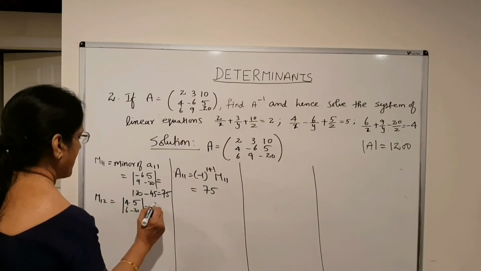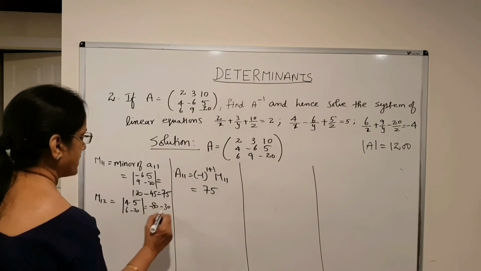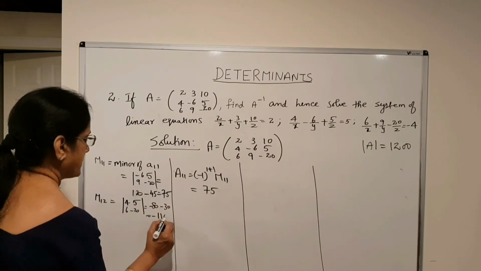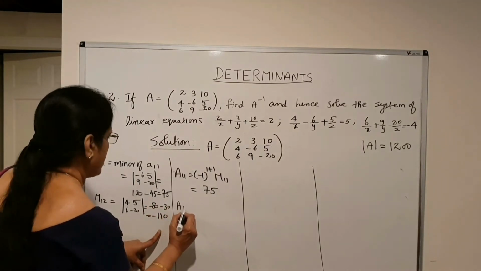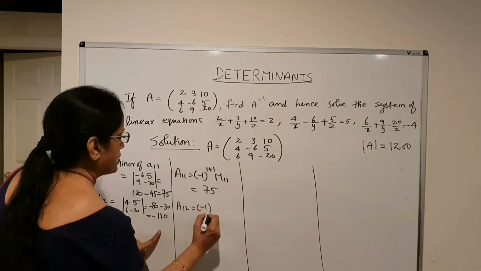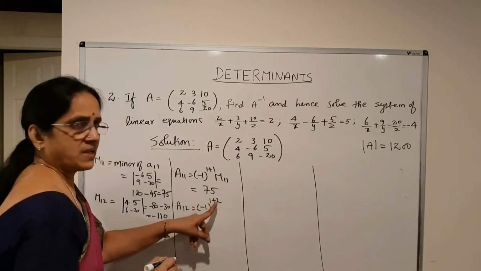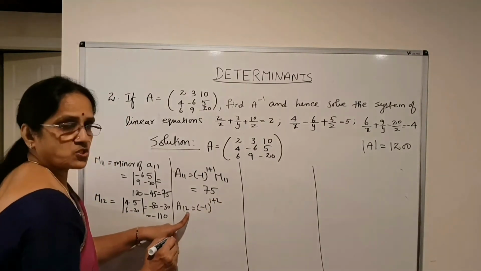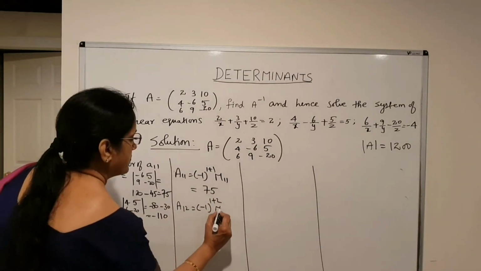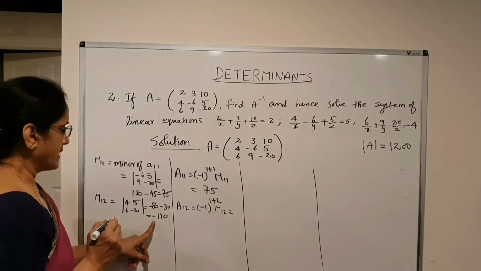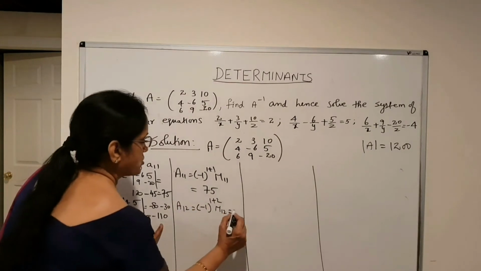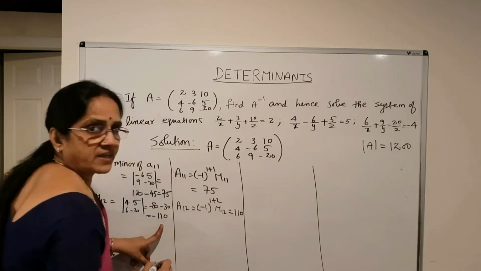This will be minus 80 minus 30, which is minus 110. Now, the corresponding cofactor A12 is minus 1 to the power i plus j. i is 1, j is 2, into M12. This is going to be minus 1. Here I am having minus 110. So, minus into minus plus, I get 110.